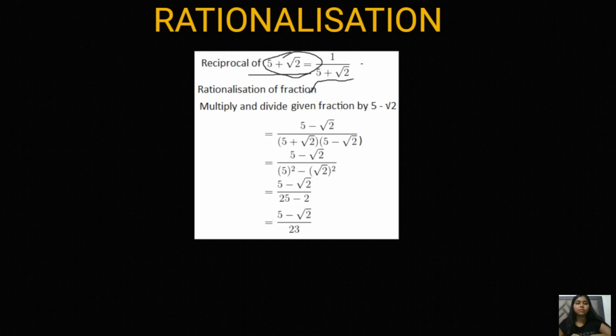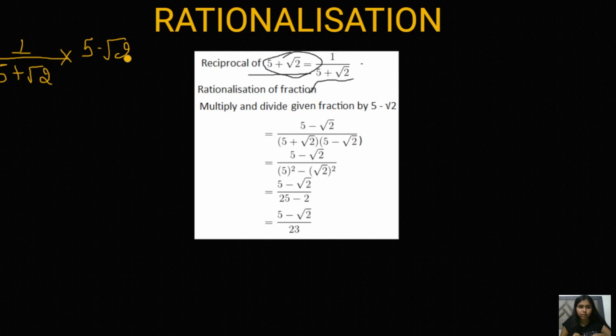So what we have done is multiply and divide with the same number but with the opposite sign. For example, we take 1 upon 5 plus root 2, then multiply it with the same number with the opposite sign in between. This is solved by the identities you have already studied.